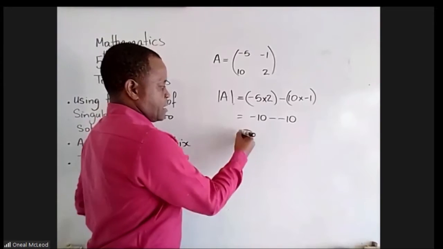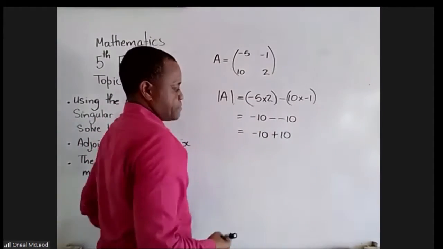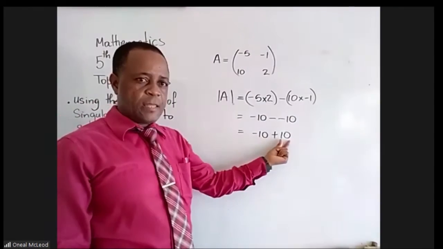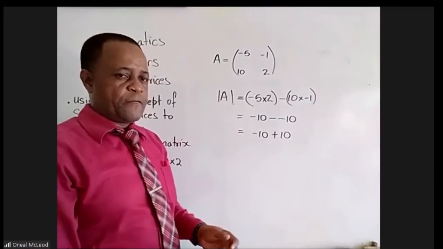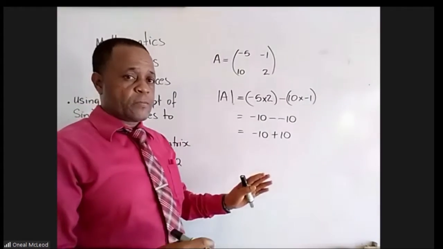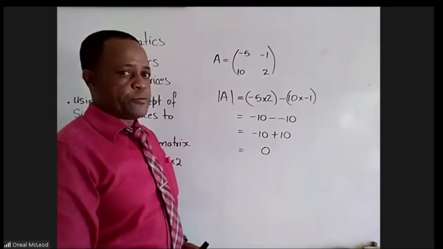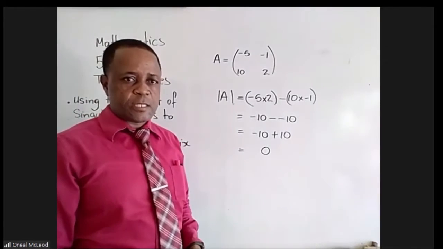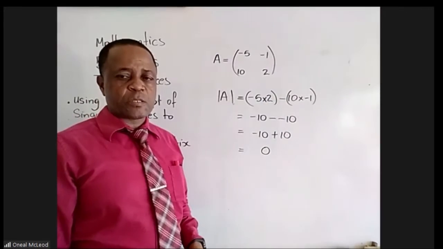So here we can now write it as -10 plus 10. We owe 10, we have 10. So when we pay what we owe with what we have, then we don't owe anything and we don't have anything. So therefore, our answer is 0. Yes, the matrix A is a singular matrix because the determinant is equal to 0.